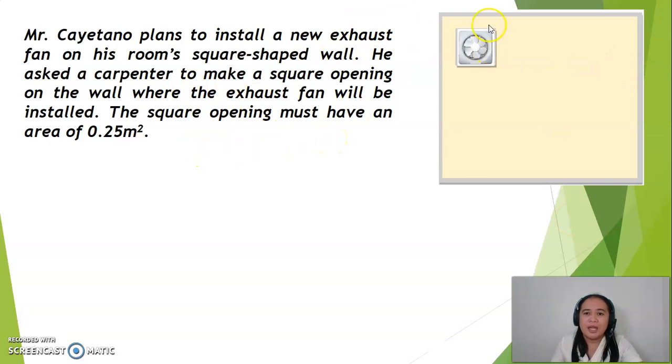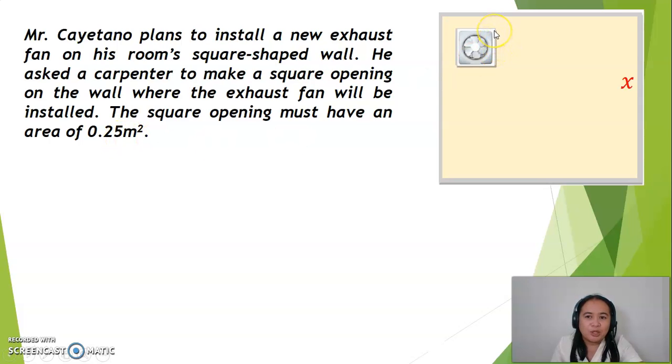Now take note, the wall is a square shape and we don't know its dimensions. So therefore, let's assign one side as x. Now take note, the area of the opening of this exhaust fan is 0.25 meters squared.